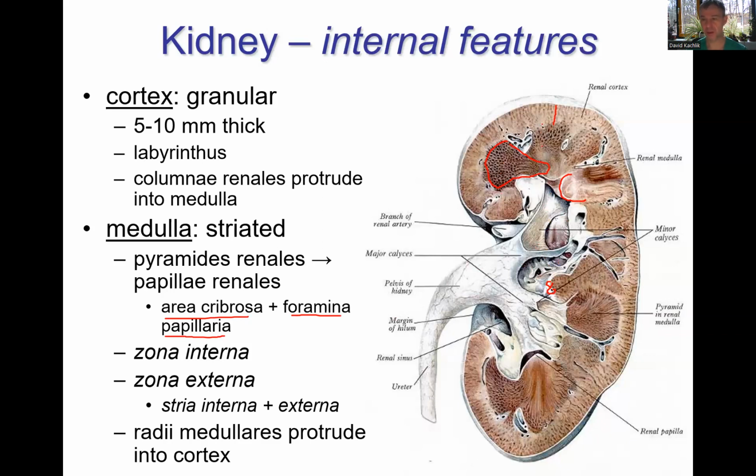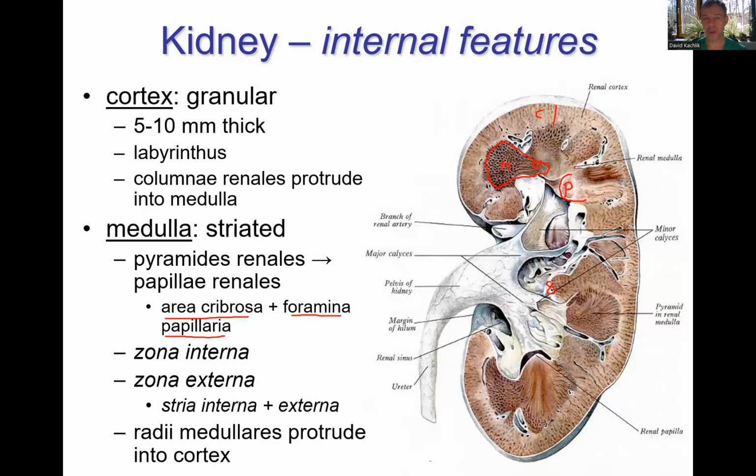So that's the major arrangement, the cortex and medulla forming pyramids, opening at a papilla with papillary foramina, and altogether the foramina are called cribriform area.